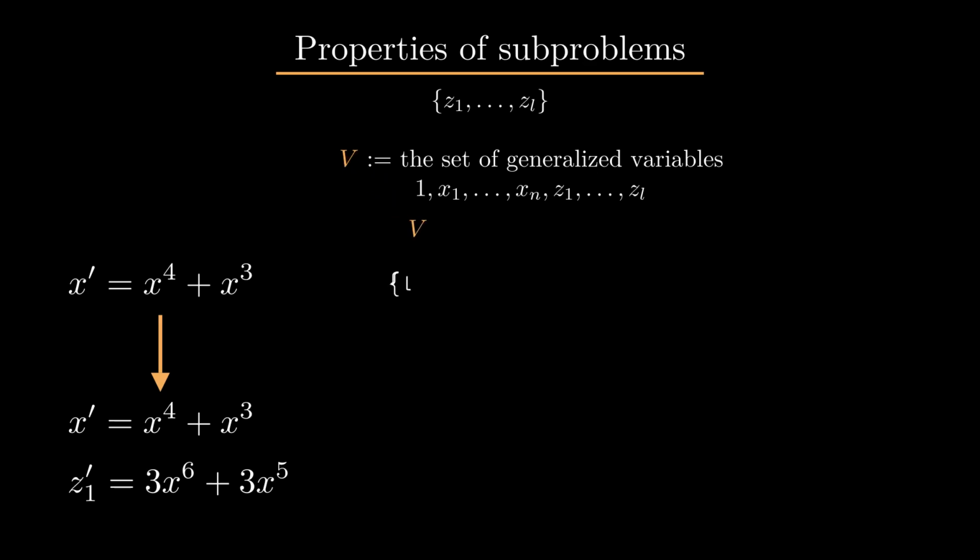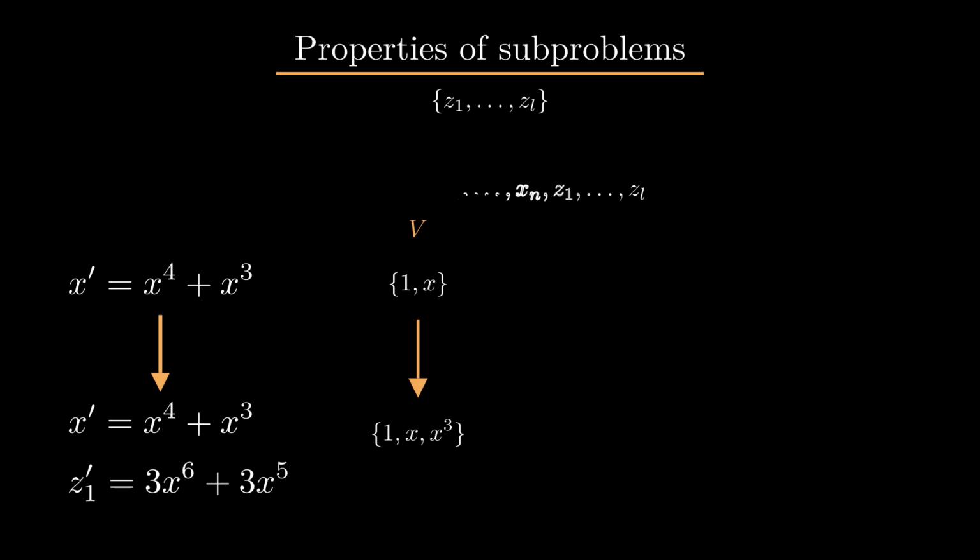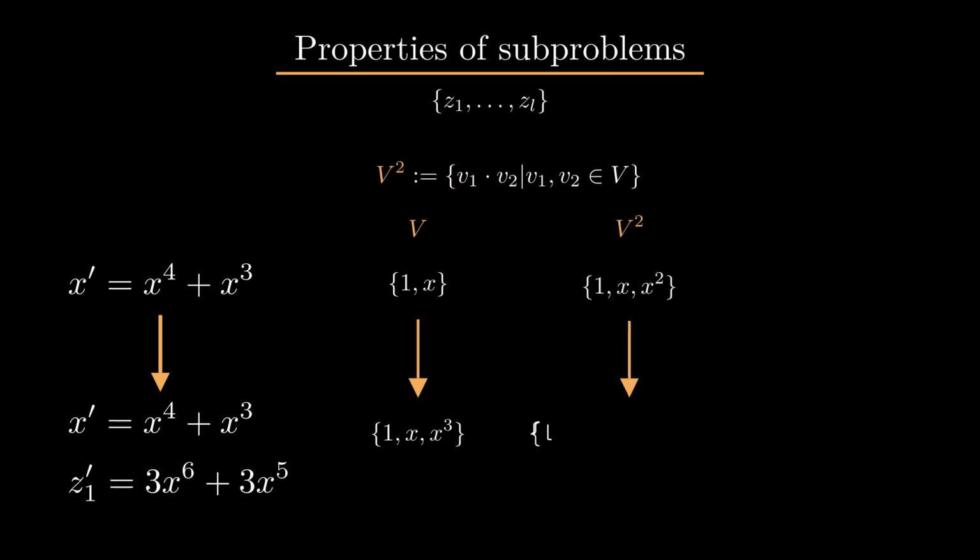In our case, we have 1 and x for the first subproblem, and we add x cubed to them in the second subproblem. We also define an auxiliary set V squared of all pairwise products of variables in V. For the first case, we obtain 1, x and x squared, and for the second one, we gain additional x cubed, x to the fourth, and x to the sixth.